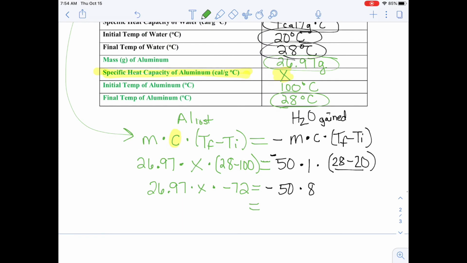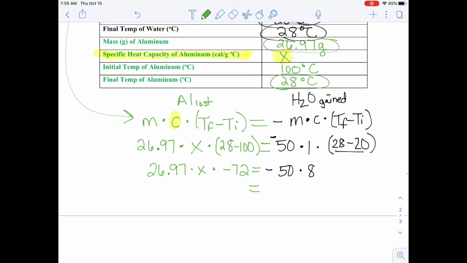So let's keep going. On the left side, we're going to take 26.97 in your calculator times negative 72. So we get negative 1,941.84 times X equals, we take 50 times 8, we have negative 400.